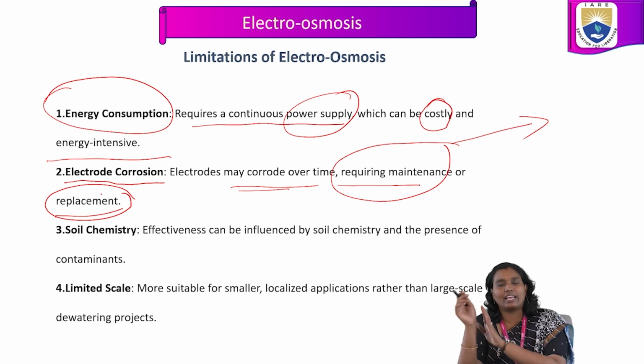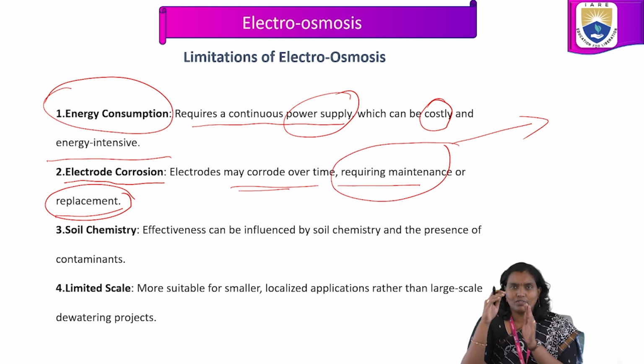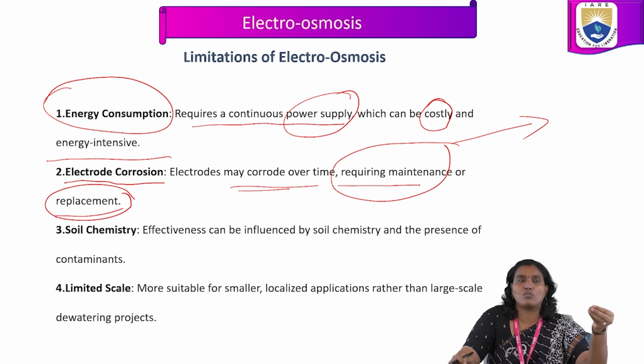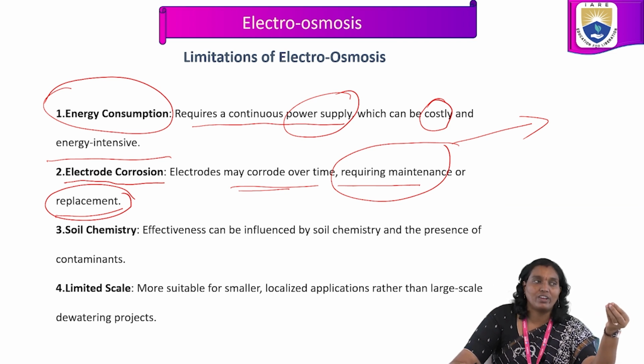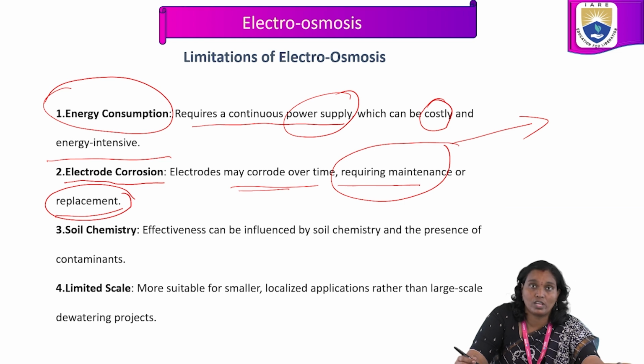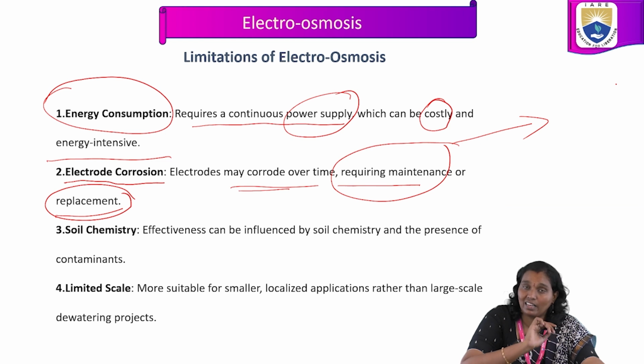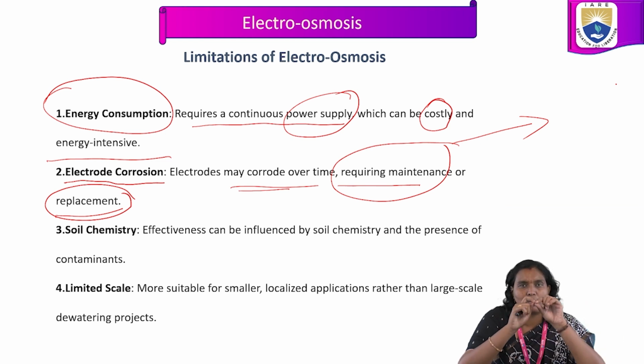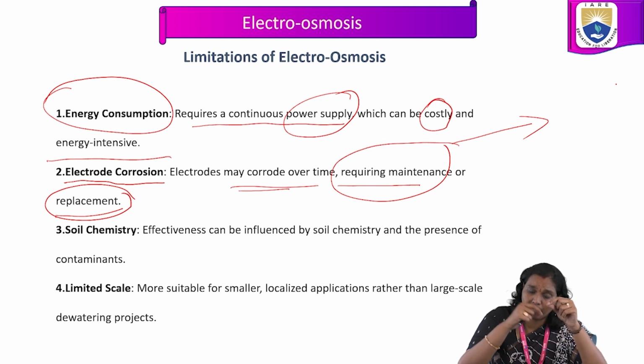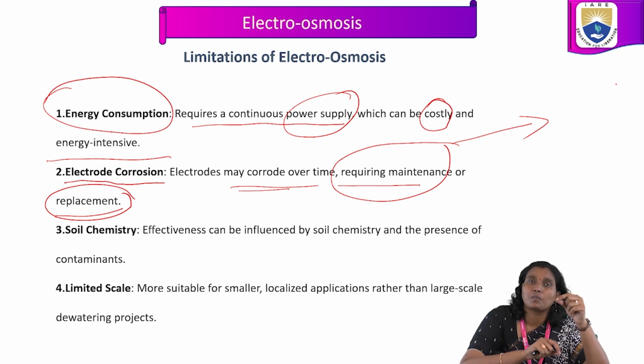It depends upon the soil conditions of that locality, where we are going to implement the dewatering technique, and the position where we insert these electrodes: whether it is on the ground, or how much depth from the ground level the inserting point is.